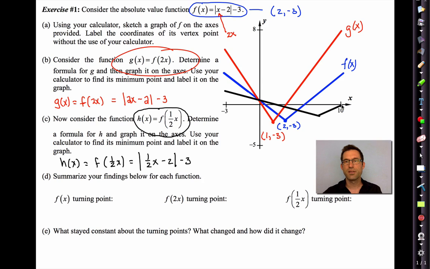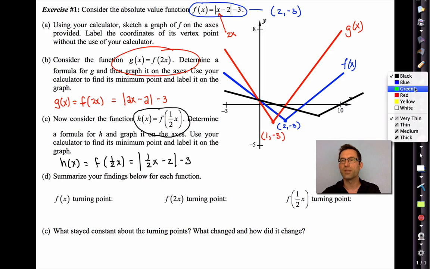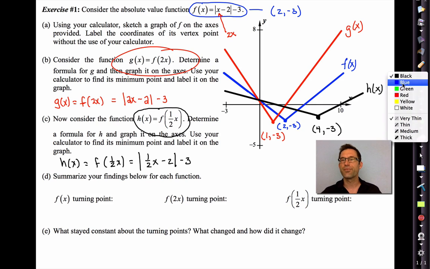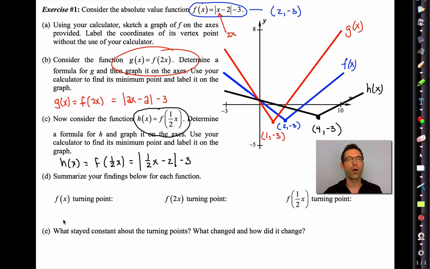This part barely fits on. I'm going to extend it a little bit past there, even though that wasn't in our window, but we know that's the case. Although I didn't do the greatest job sketching this, I apologize. Its turning point is at 4, -3. So let's summarize. F, our original function, had a turning point at 2, -3.